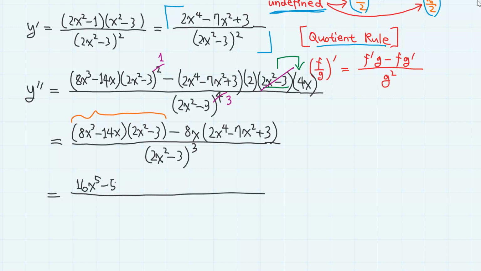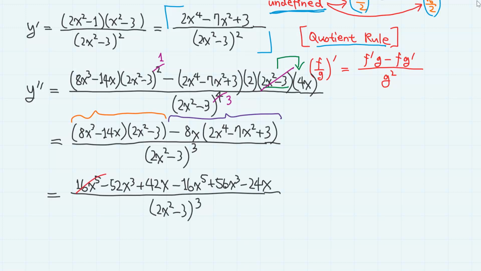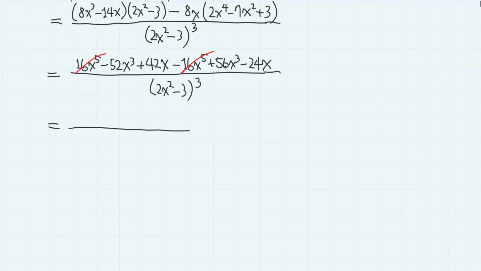5 minus 52x cubed plus 42x. And from this part you will obtain minus 16x to the power of 5 plus 56x cubed minus 24x, and 16x to the power of 5 cancel out. So we have first the cubic terms.